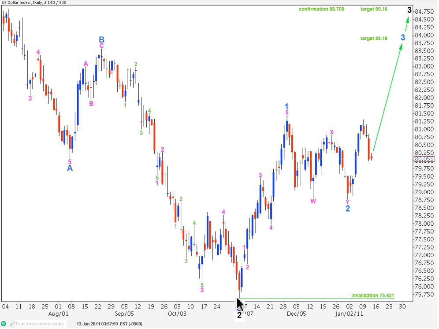Within this third wave at intermediate degree, we've got an impulse up for 1, a double zigzag, ABC for W joined by X, ABC for Y, for a wave 2 at blue or minor degree. I expect we're within a third wave at blue or minor degree, with a 1, 2, and working on wave 3 to the upside now.